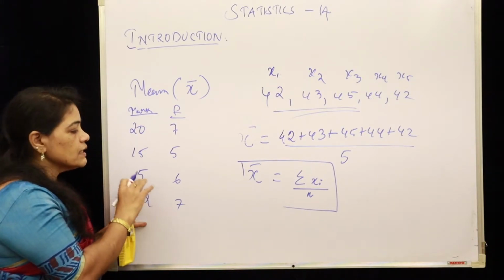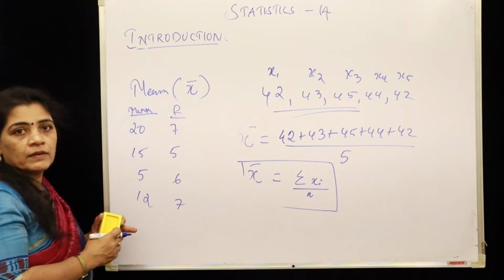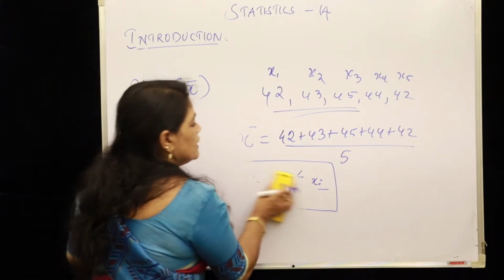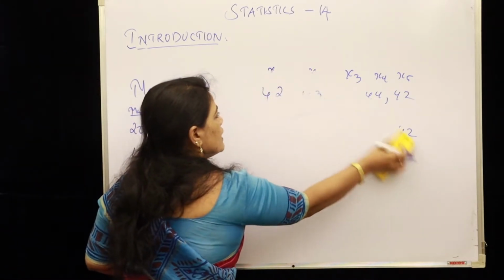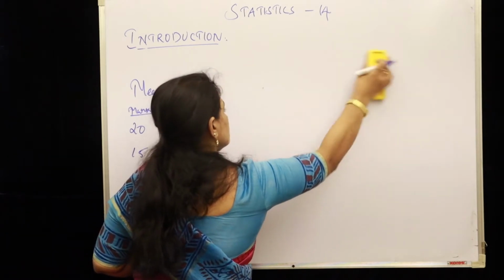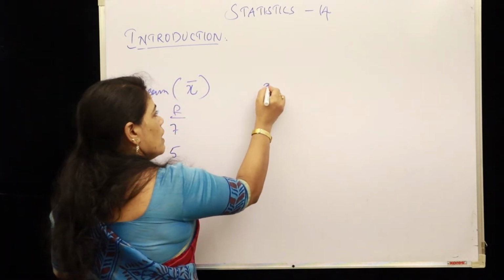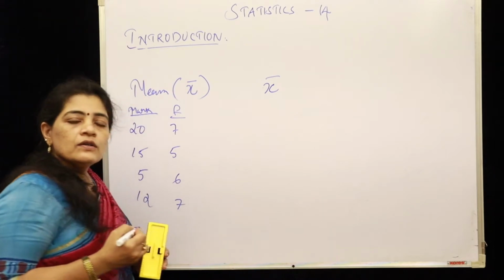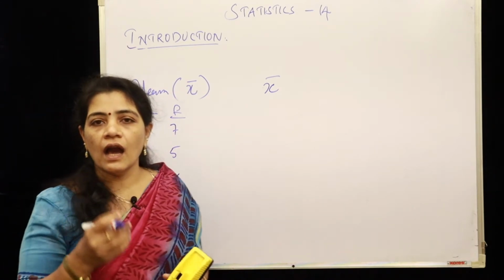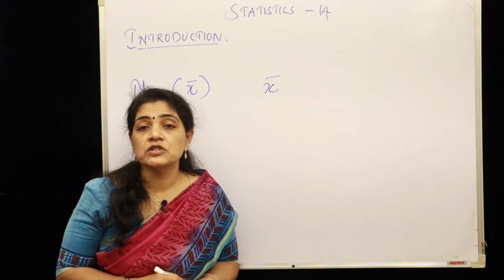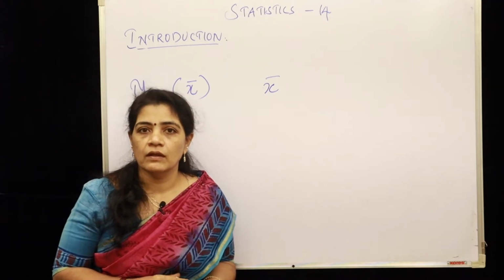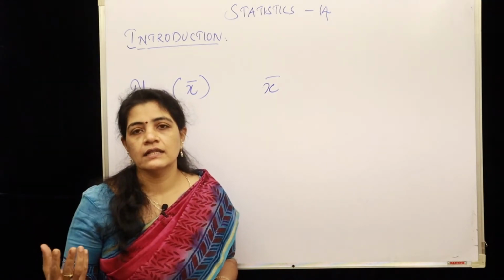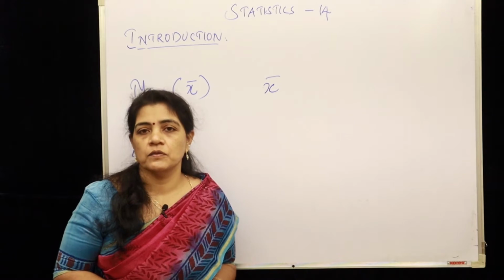That means in order to get its arithmetic mean, what is the formula? In all cases we are representing the arithmetic mean, or simply mean, by x bar. Here we have different methods to compute the arithmetic mean for discrete as well as continuous frequency distribution.